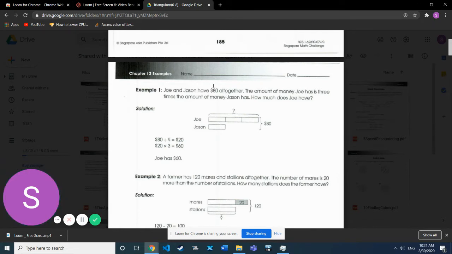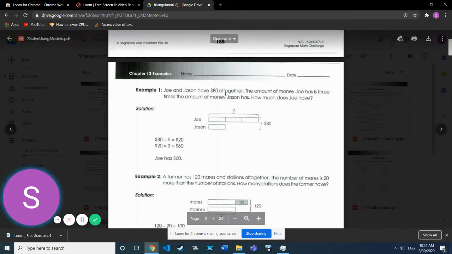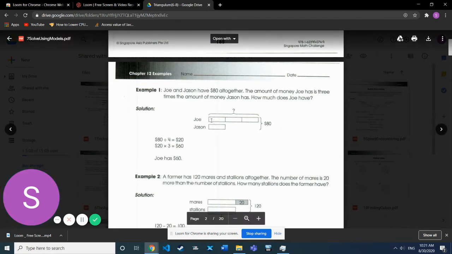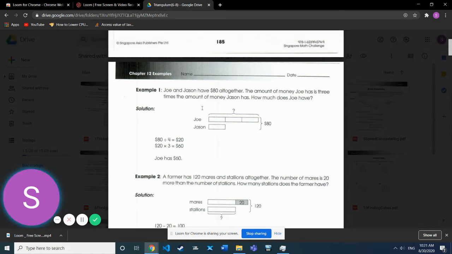Algebraically, you could use the letter O to represent Joe's money, and A to represent Jason's. If you say O plus A equals 80, and 3A equals O, that's going to be a lot harder to solve than just using these models. So you can already see how useful they are.